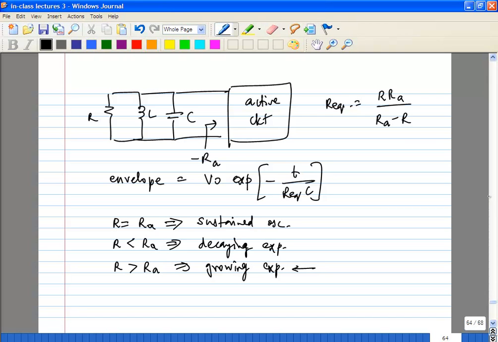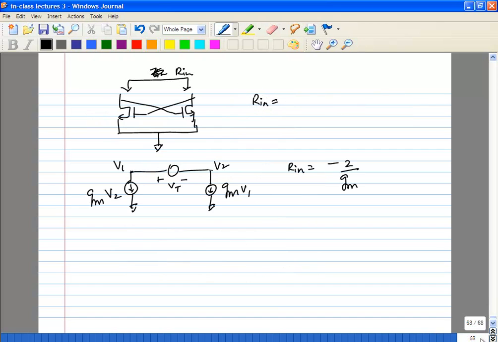So ideally what you want is you want the magnitude of your active circuit to be less than, right? If it's minus RA, you want RA to be less than R for growing exponentials, which is the condition for startup anyways. Right? Is that clear to everyone? So obviously what that means is your GM will increase. If you need smaller Rn, right, the GM should be larger. Okay.